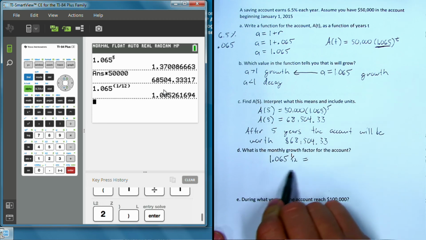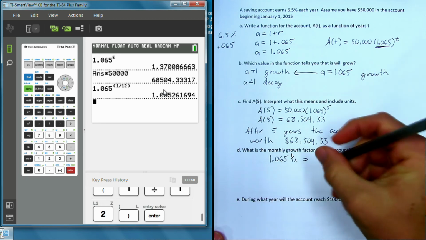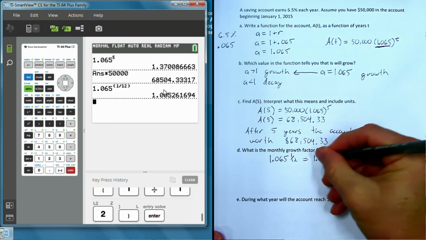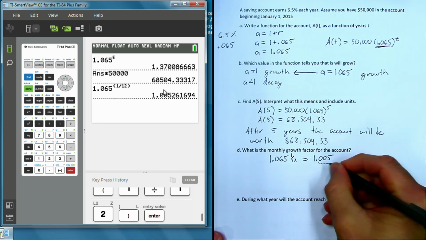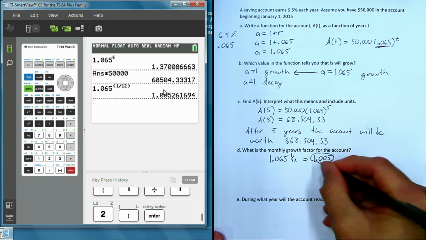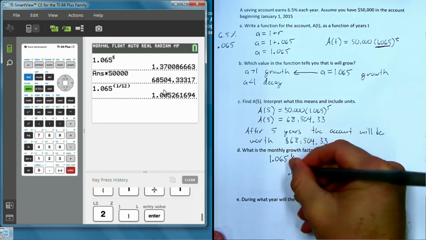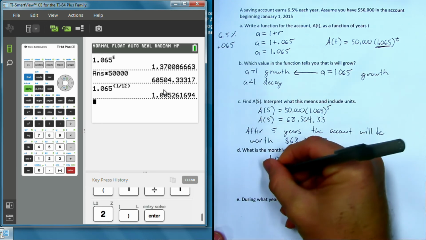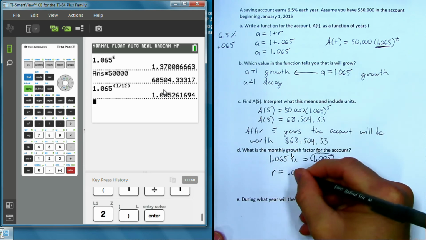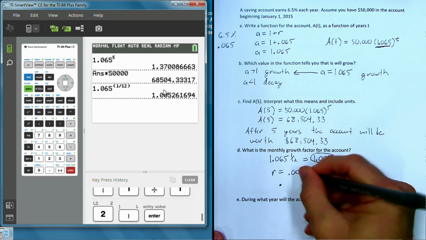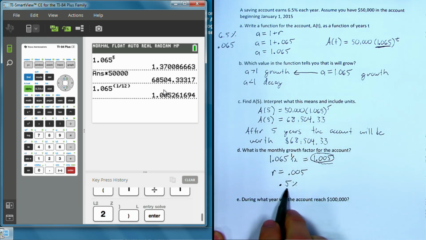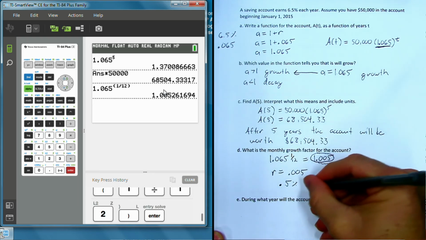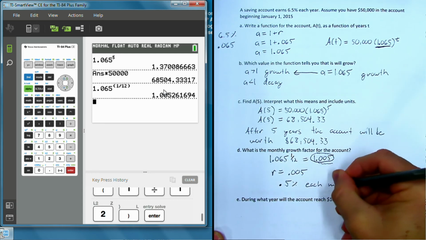And so if we round that number to 3 decimal places, this growth factor will be 1.005. So that's our answer, but with this part over here, the 0.005, that's what R equals. And if I move that decimal place 2 over, in other words, this account is growing by 0.5% each month.